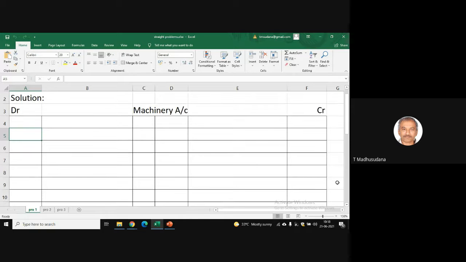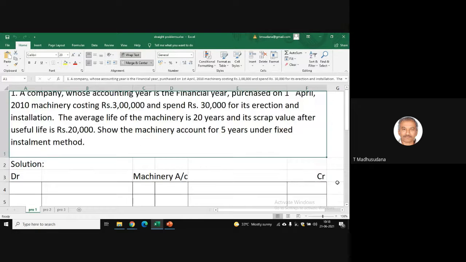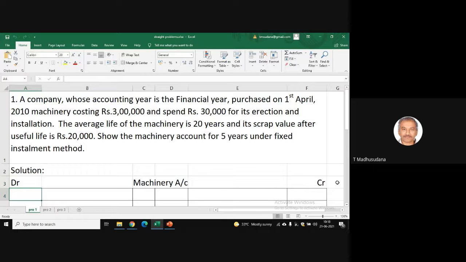So first solution, you have to prepare the machinery account.